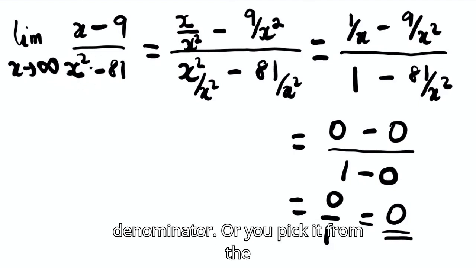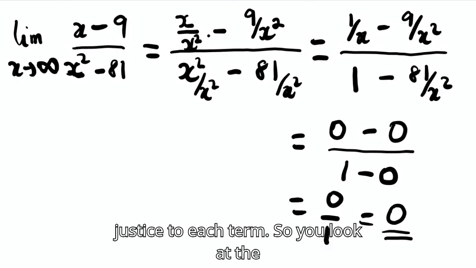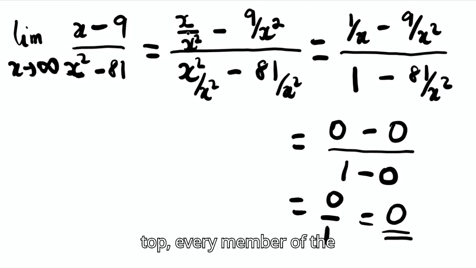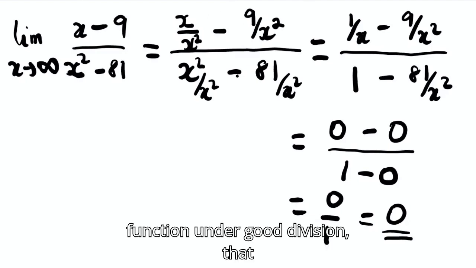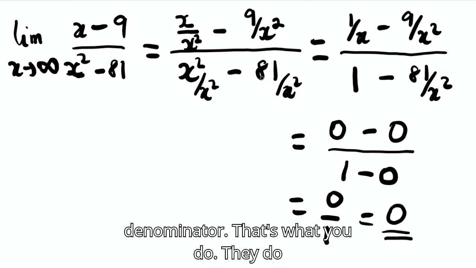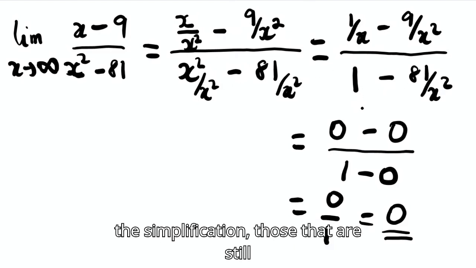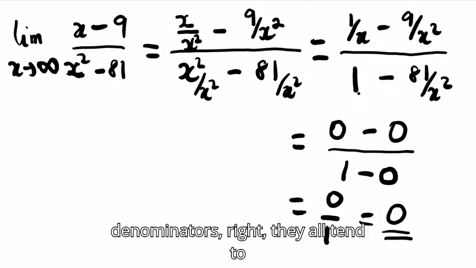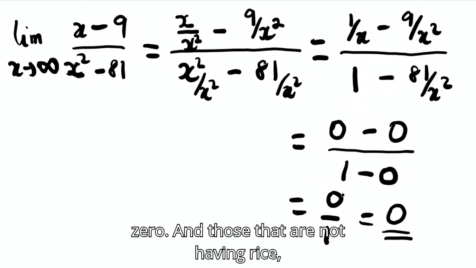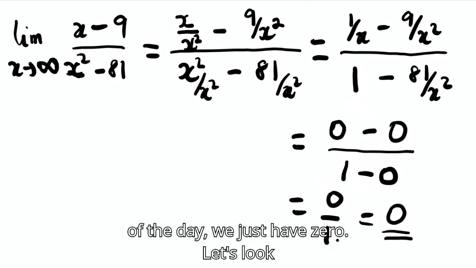So you pick it from the denominator. When you pick it from the denominator, you do justice to each term. Every member of the function at the top undergoes division with that particular term that you picked from the denominator. Then you do simplification when possible. After doing the simplification, those that still have this thing as their denominators all tend to 0, and those that do not, you just keep them like that. At the end of the day, we just have 0.